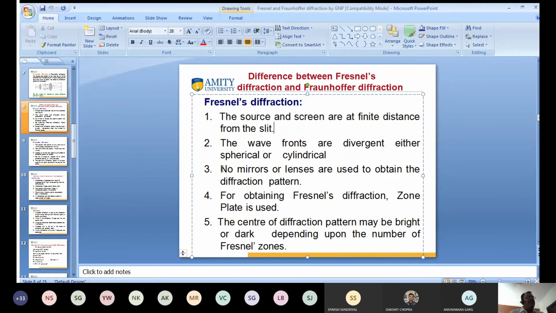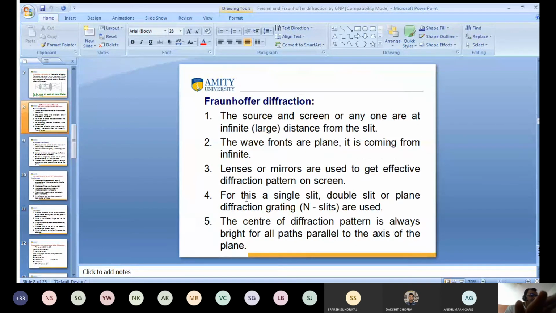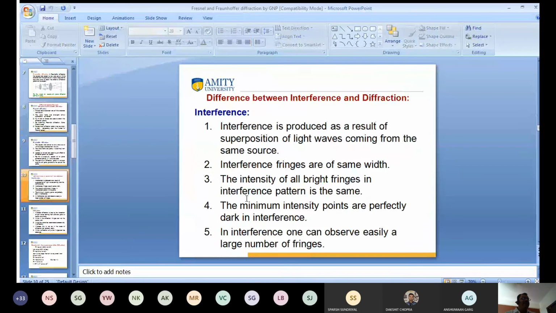In Fresnel diffraction, mirrors and lenses are not used, but in Fraunhofer they can be used. The example for Fresnel is the zone plate, but for Fraunhofer the examples are single slit, double slit, N slit, and so on. Clear? So I want to discuss the next topic, the difference between interference and diffraction.